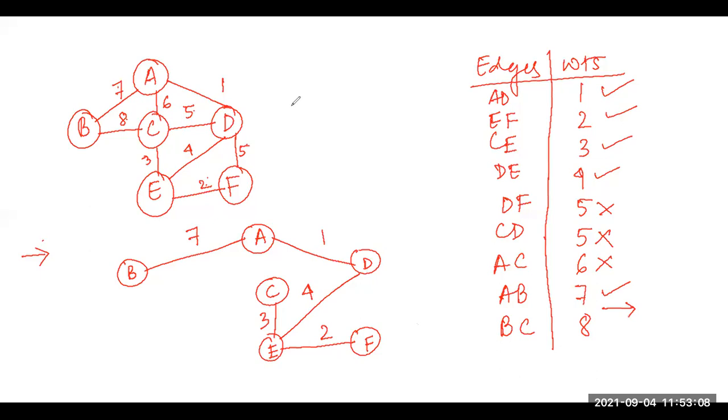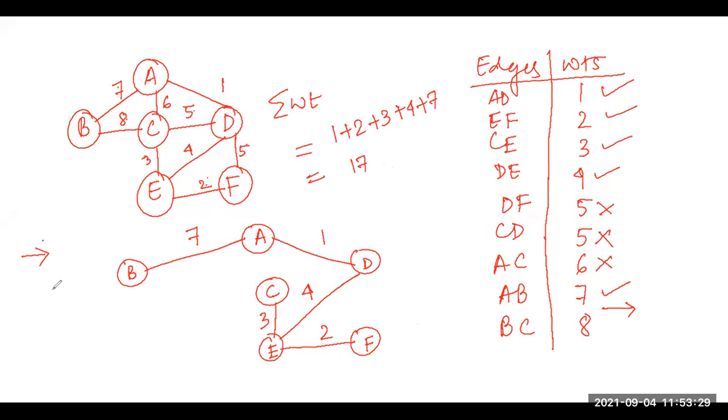So what is finally the summation of the weights of my edges? Summation is 1 plus 2 plus 3 plus 4 plus 7. So 2 plus 1 is 3, 3 plus 3 is 6, plus 4 is 10, plus 7 is 17. Fine.